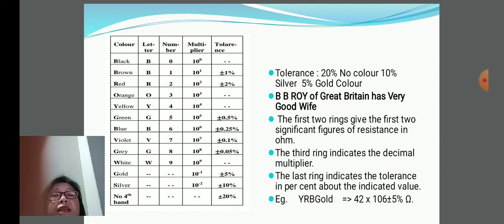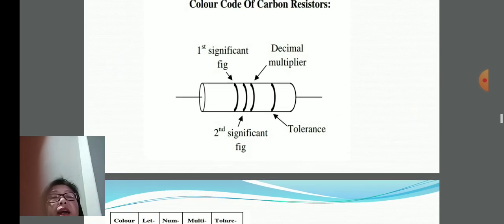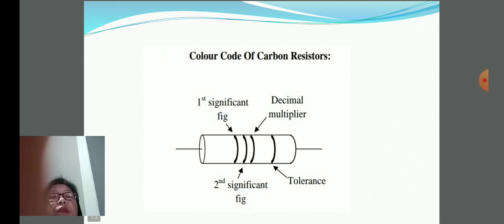That is, white indicates it. And therefore when you put the value here, while you read, I'm coming to the first slide. When you see the first ring, what is the color?